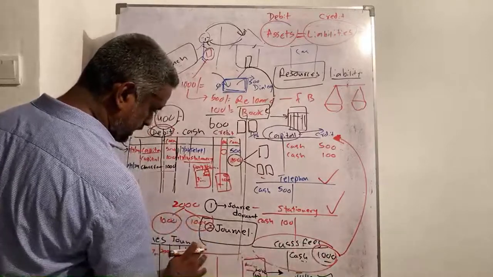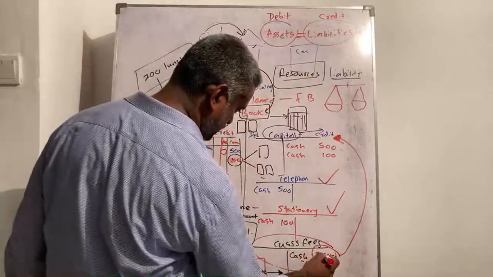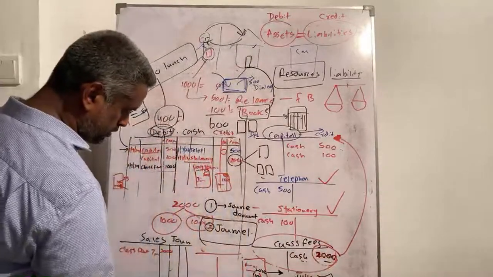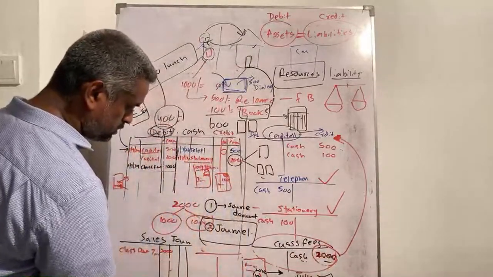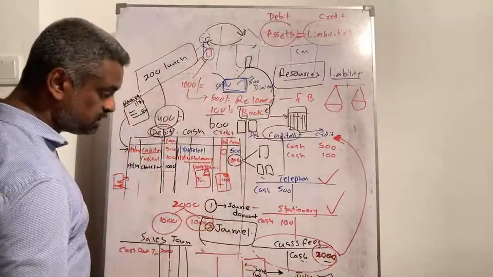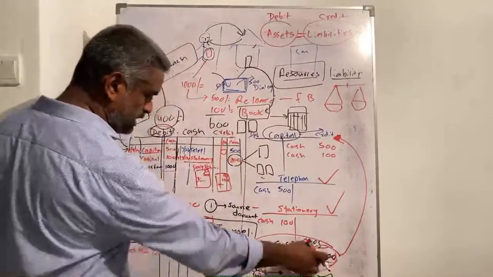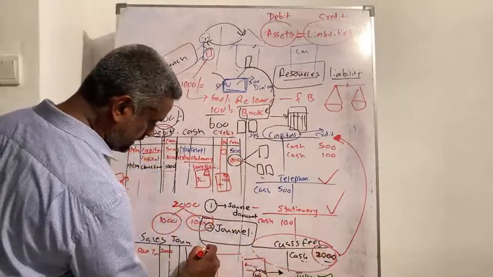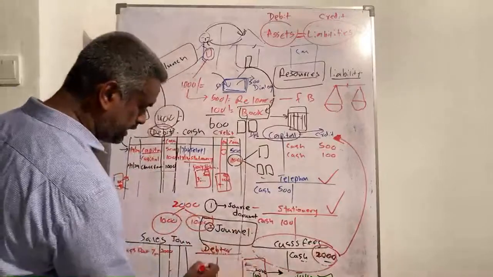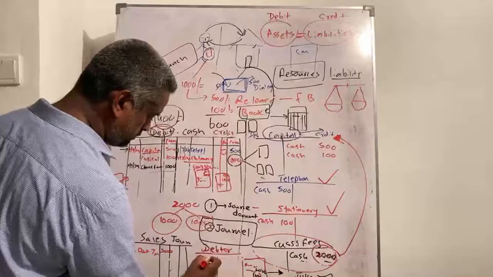The entire 2,000 rupees we recorded in the class fees account, and out of 2,000 you have received only 1,000. Then class fees account credit, and the debtor account debit 2,000.